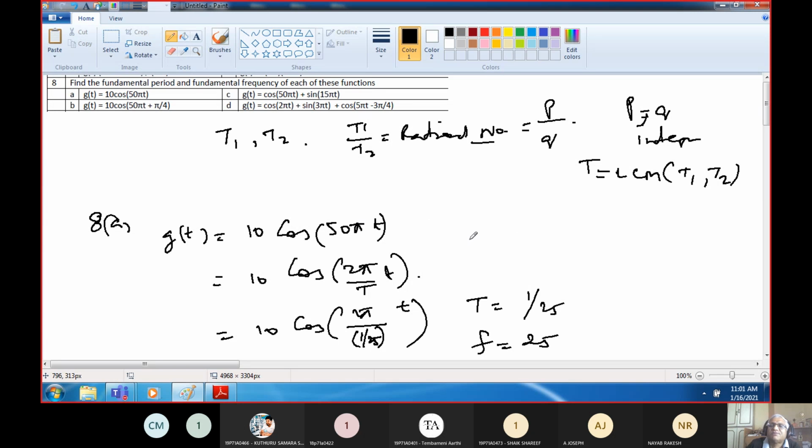So obviously for this problem, the fundamental period is equal to 1 by 25, and the fundamental frequency is equal to 25 hertz. T is equal to 1 by 25 seconds, or 0.04 seconds, and here it is 25 hertz.